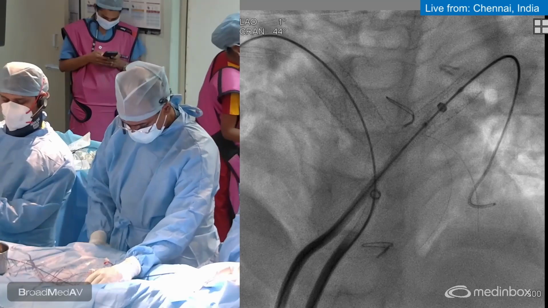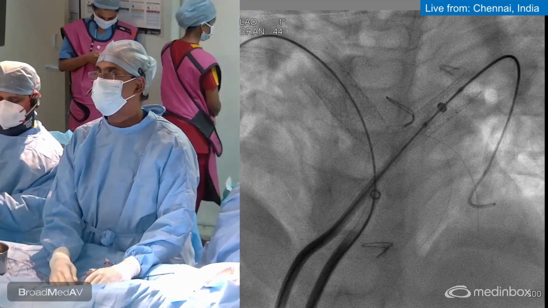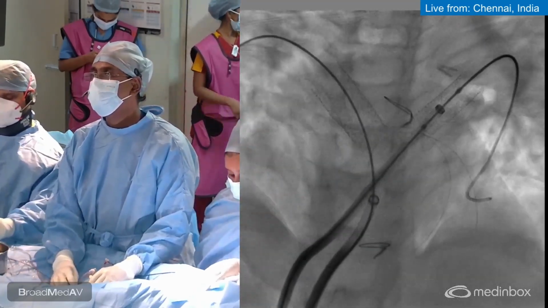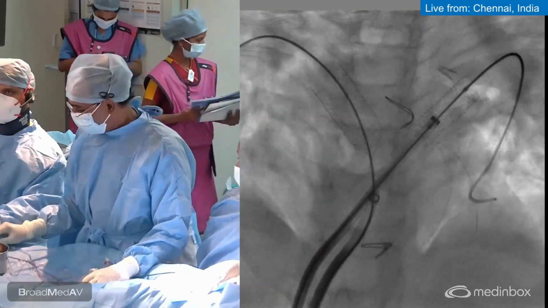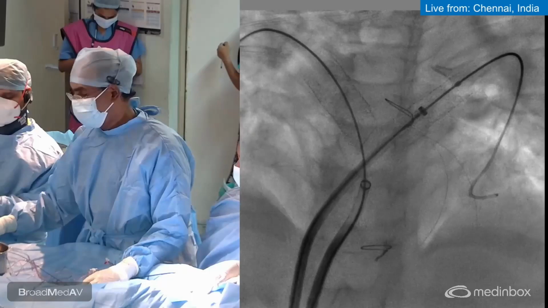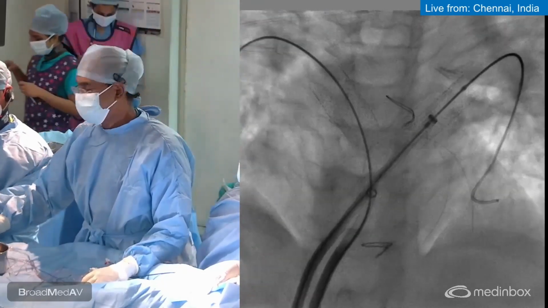So I'm on the proximal part of the stent. I'm going to unsheath now. I don't want to go distal.